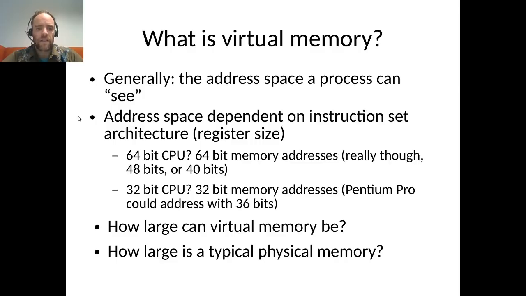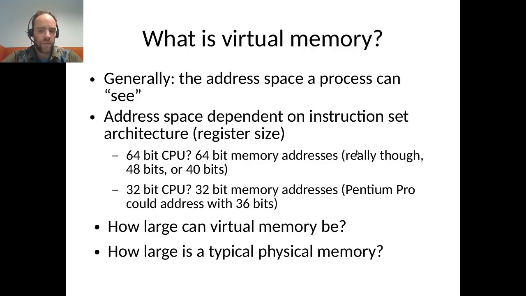The size of this address space is dependent on the instruction set architecture. So inherently, it's dependent on the register size. With a 64-bit CPU, for example, you will have 64-bit registers, and theoretically, you then have 64-bit addressable memory addresses.